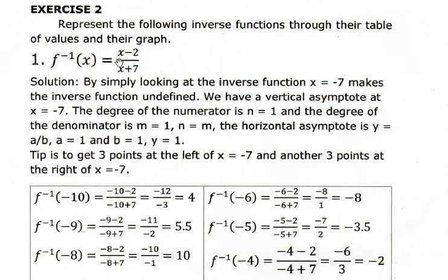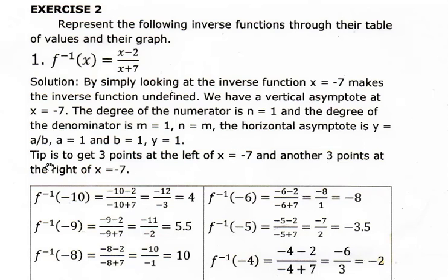In this case, we have here 1x, so your a is 1. And in the denominator, the leading term is x, and the numerical coefficient for x is also 1. So a over b is 1 over 1. So we have y equals a over b equals 1 over 1 equals 1. So the horizontal asymptote is y equals 1.